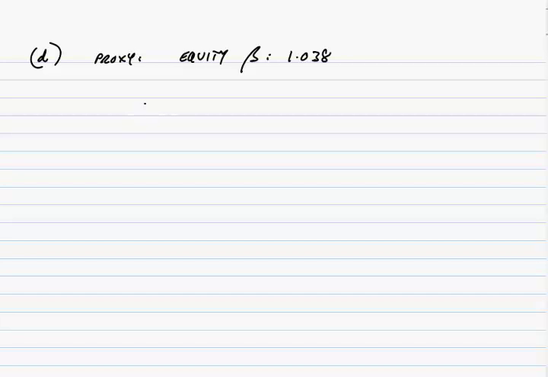And of course you've got the formula for the asset beta. Write it down. You'd get credit for knowing which formula it was, even if you couldn't get the figures in.